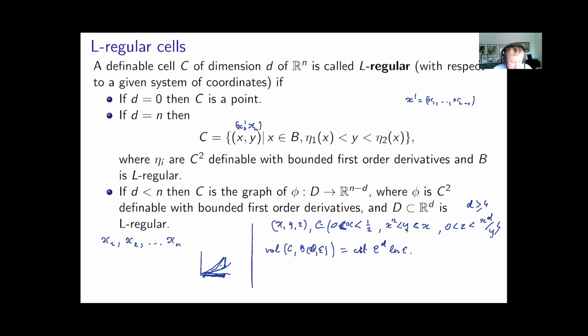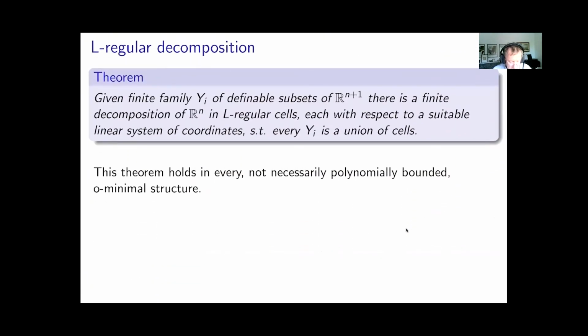And the theorem says that any definable or subanalytic set, or finite family of sets, can be decomposed as a disjoint union of such L-regular sets, but for each cell you may need a different system of coordinates.